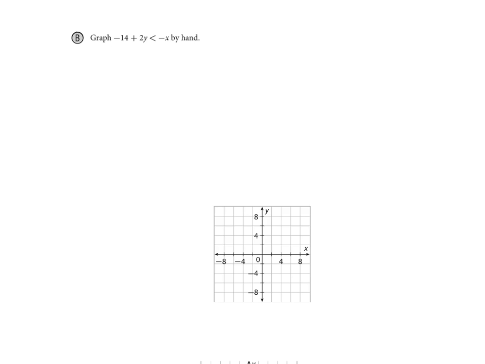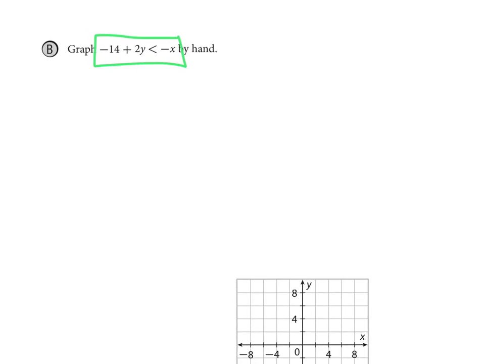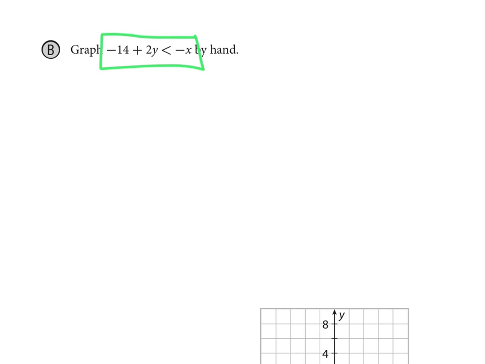Here's our first one. And to be able to graph this, we need the y to be by itself. So go ahead and copy that equation. And I'm going to zoom in. We're going to fix this so that y is by itself. So the first thing I need to do is move my negative 14. When I move that, it's going to become positive. So I have 2y is less than negative x plus 14.